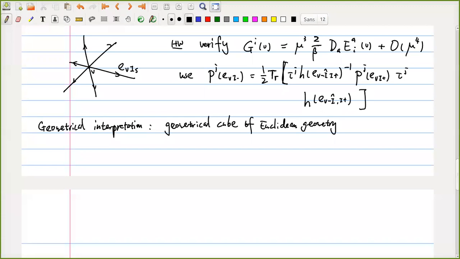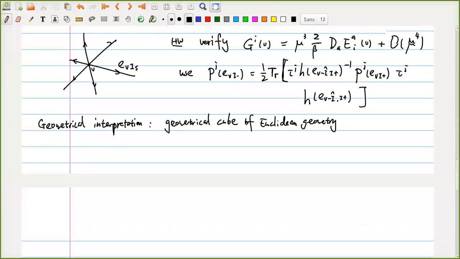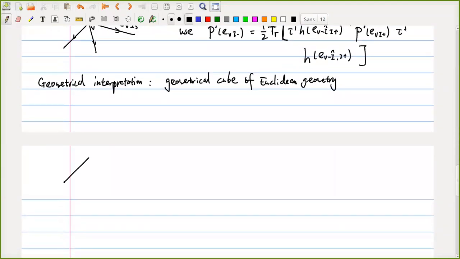Temporarily, let's forget about everything from gravity. Let's just come to Euclidean geometry and consider a geometrical cube.